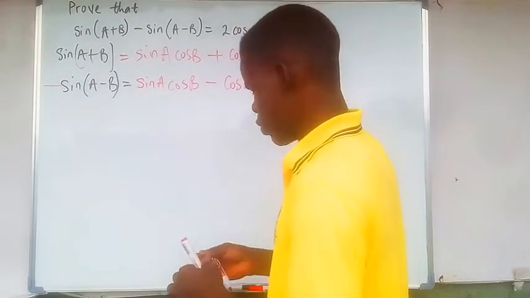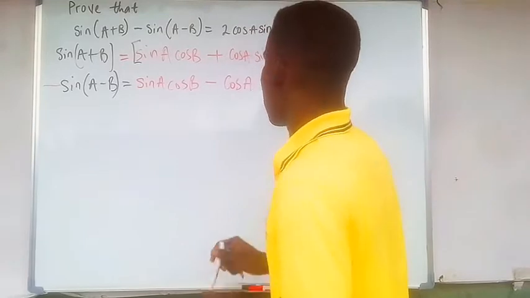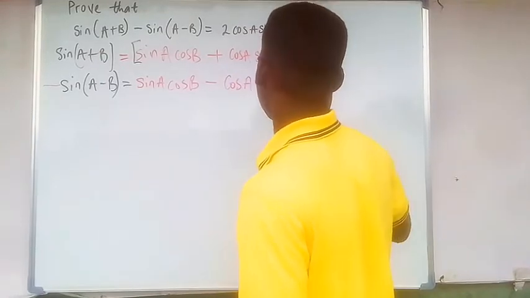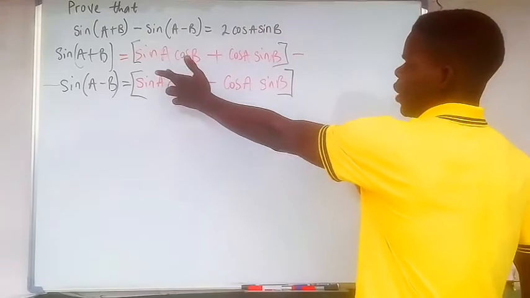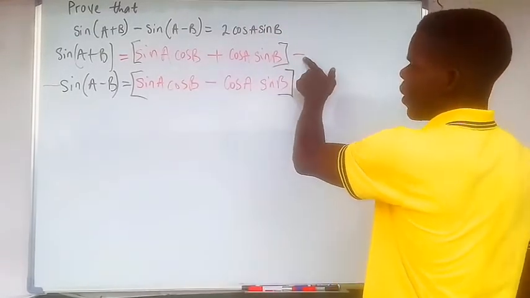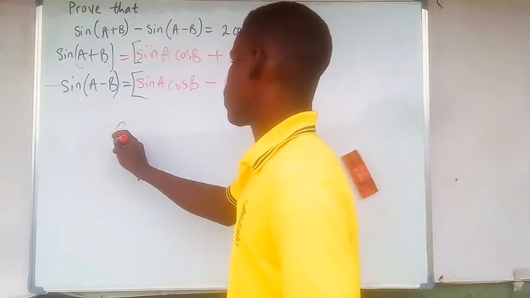I group the first expression as a single term and subtract the second from it. If you look, you have sine a cosine b minus sine a cosine b. The result there is 0.